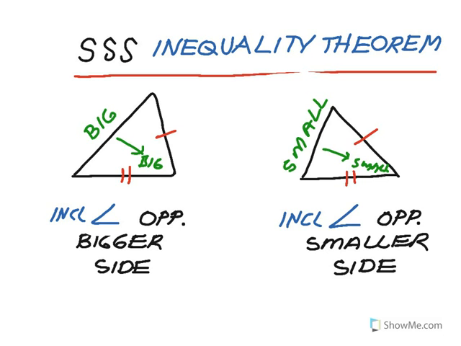So the theorem is that the included angle that's opposite the bigger side between two triangles is greater than the measure of the included angle opposite the smaller side when I am comparing the angles in two different triangles.